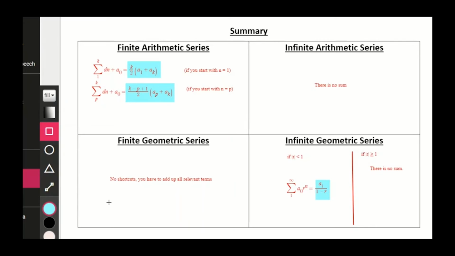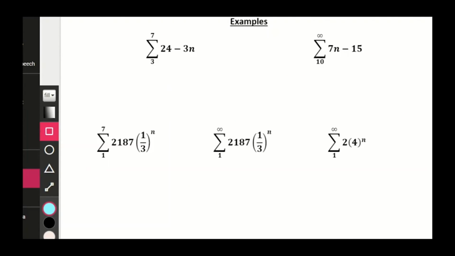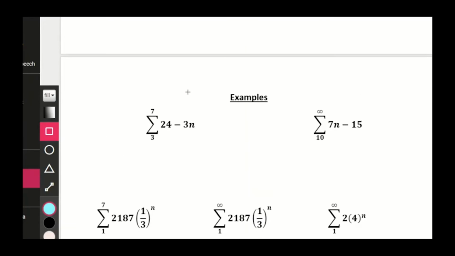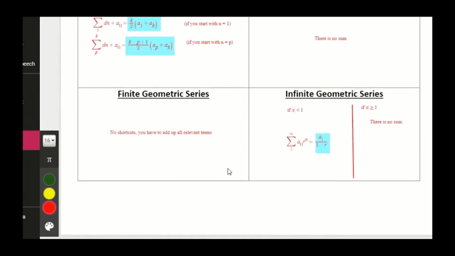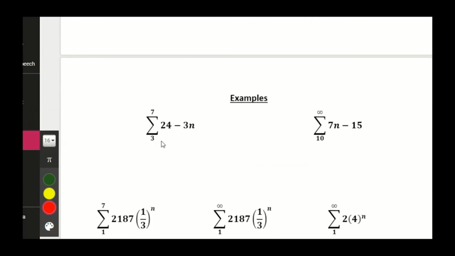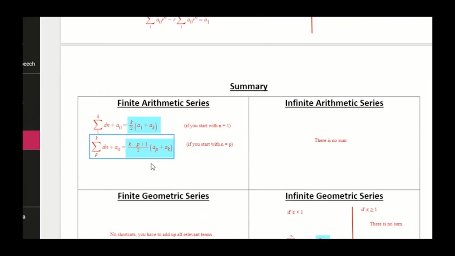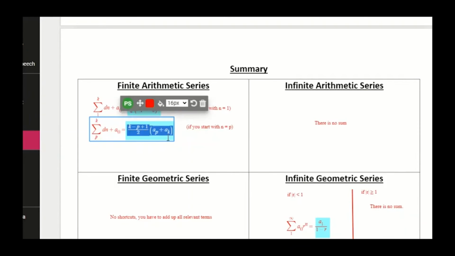Okay, before I let you go here, let's look at a few examples and see if we can compute these. So for this one, this is where we do not start with 1, so we're going to have to use this formula up here, and this is arithmetic, right? Looks like an mx plus b kind of deal here. So we want, wrong one, I pulled the wrong one. Here we go, that's the one we want.